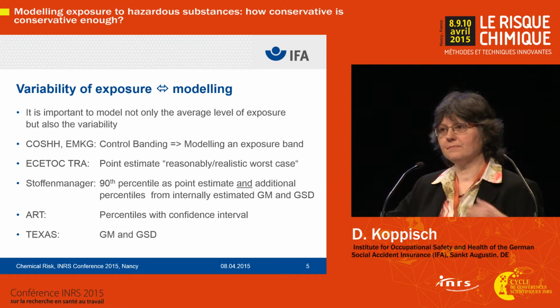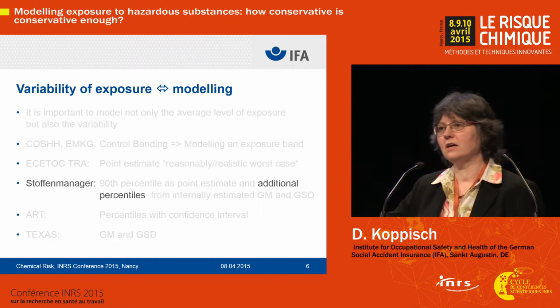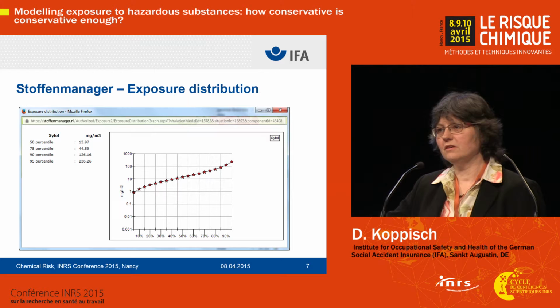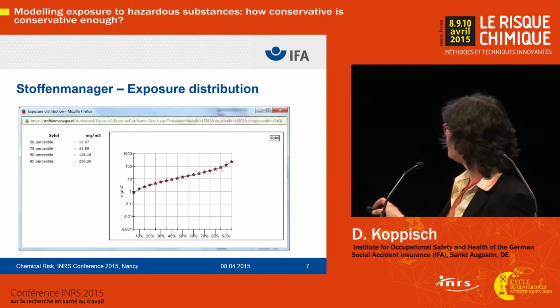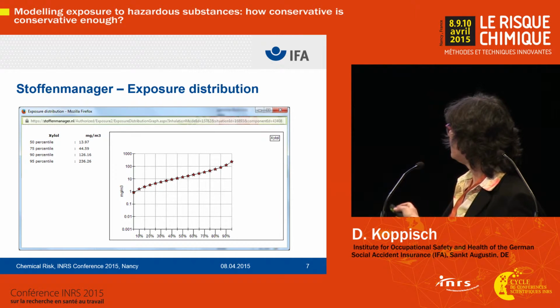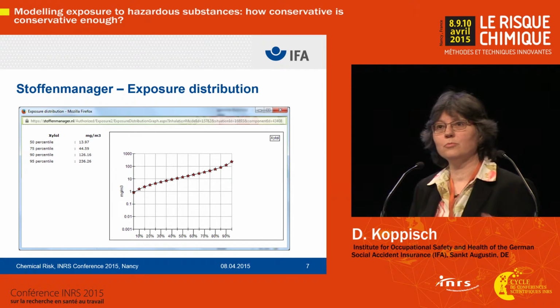I show you one picture from Stoffenmanager, how you see the additional percentiles. You have the whole exposure distribution in a table. You see 4 percentiles, and then you have a graph with more percentiles.